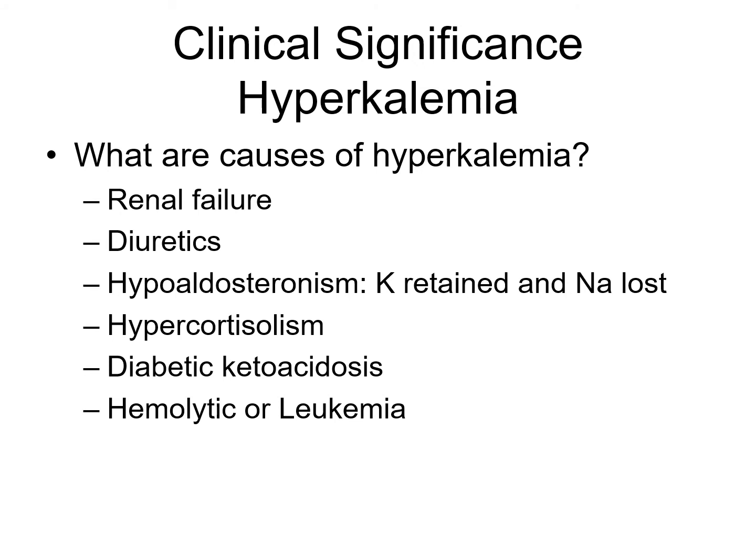Hypoaldosteronism, because potassium is retained and sodium is lost. As we know, this is the hormone that is regulating the sodium level in the blood. Hypercortisolism, another hormone that can control the potassium level. Diabetic ketoacidosis, hemolytic disease, or leukemias.